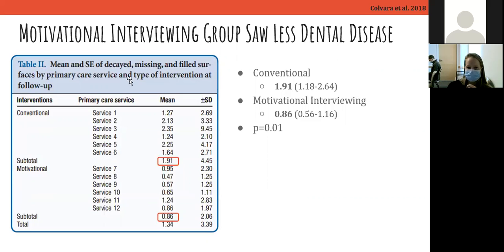And what they found was that people in the conventional group were more likely to have dental disease than those in the motivational interviewing group. Those in the motivational interviewing group were less likely to see dental disease. However, looking at the demographic data, they found that despite the randomization, the conventional group had significantly more mothers with either a lower level of education or from poorer households.